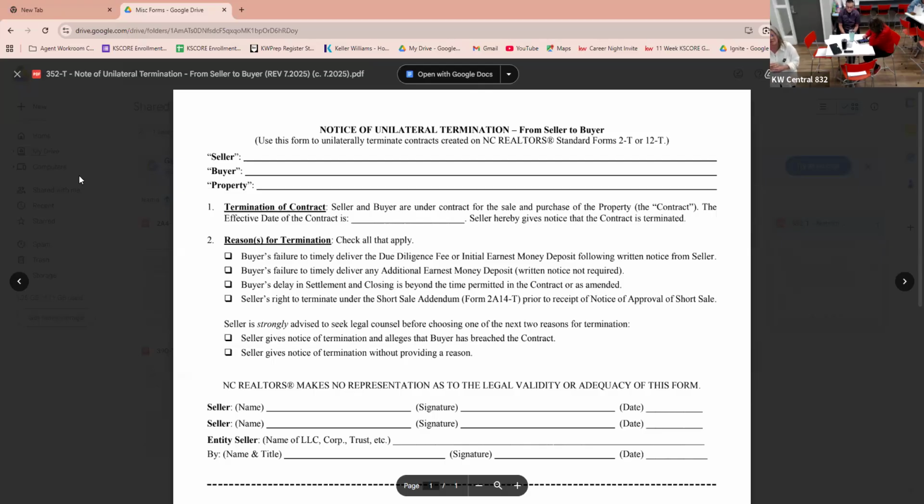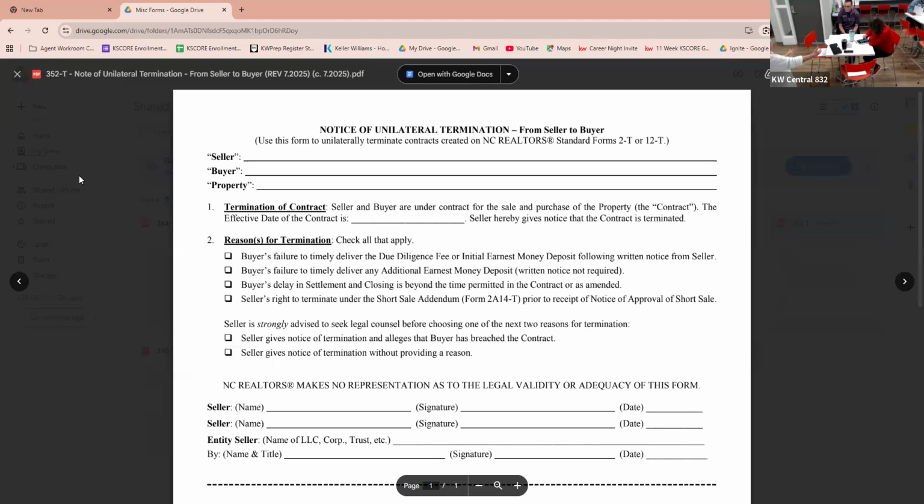Buyer's delay in settlement and closing beyond the time permitted in the contract or as amended. So say the seller's not the delaying party, the buyer delayed for 7 days, and then we find out they're not going to be able to get the loan, but they're not going to sign anything.